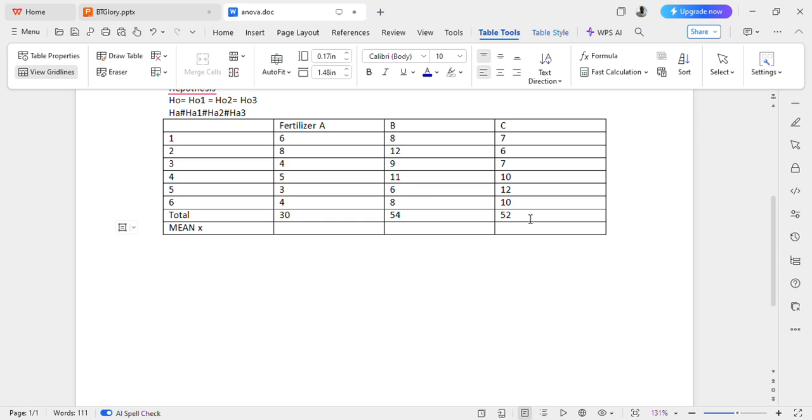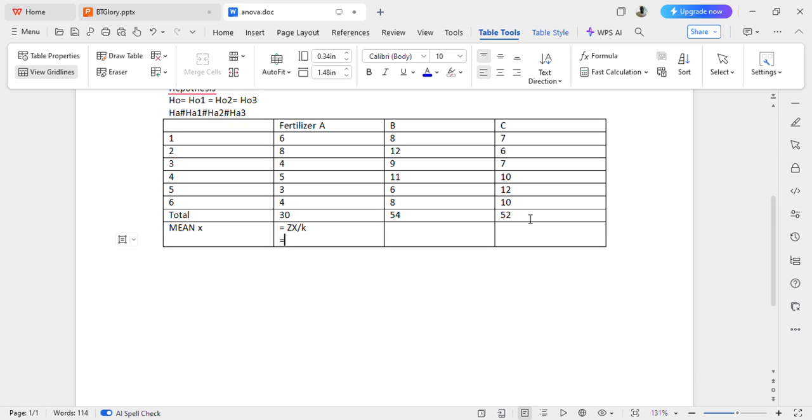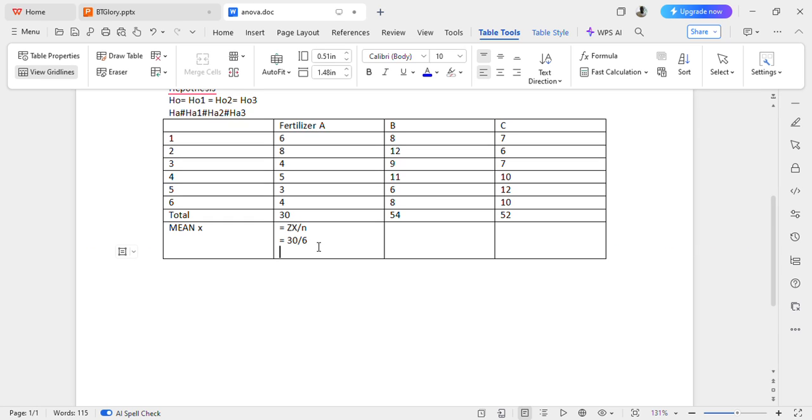The formula for the mean will be the sum of x divided by n, the number of observations. So we have 30 divided by 6. This gives us 5. So the mean for the first one is 5.